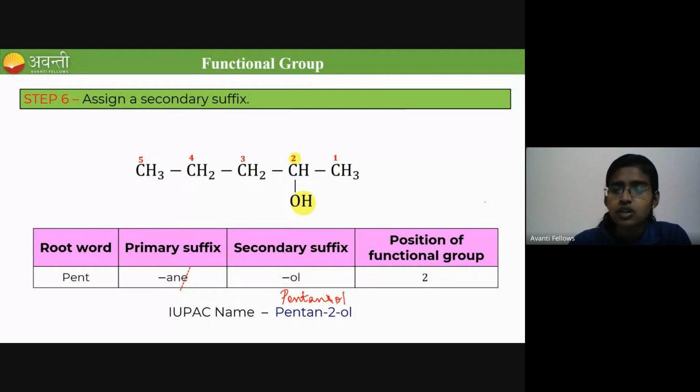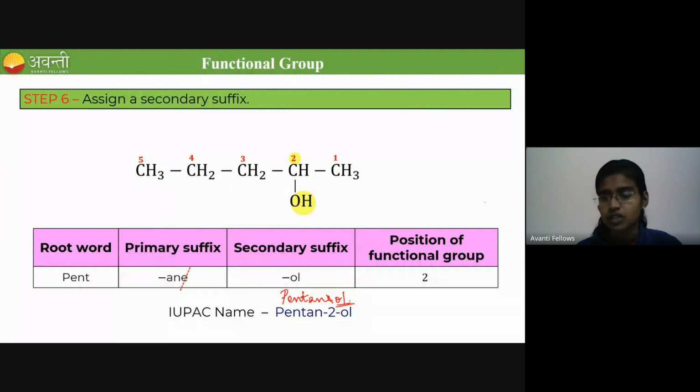And before substituting, what you have to do? You have to define the position of the carbon to which the functional group is attached. OH is attached to the second carbon, so it is pentan-2-ol.